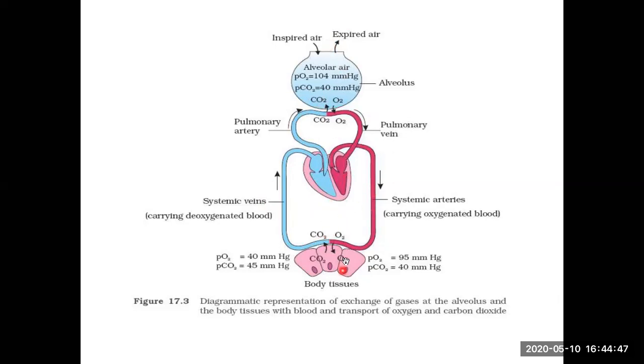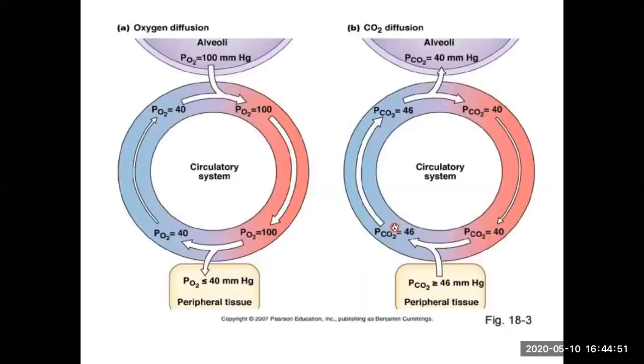After this exchange at two levels, these gases are transported in a particular way. But before that, this diagram indicates the alveoli oxygen diffusion and carbon dioxide diffusion. Alveoli diffusion 100 mmHg in lungs, here it is 40, so diffusion occurs, then 100 here, 40.